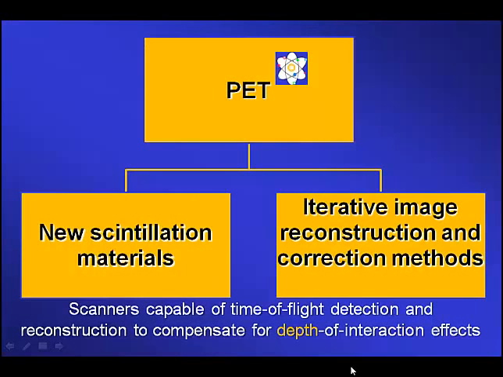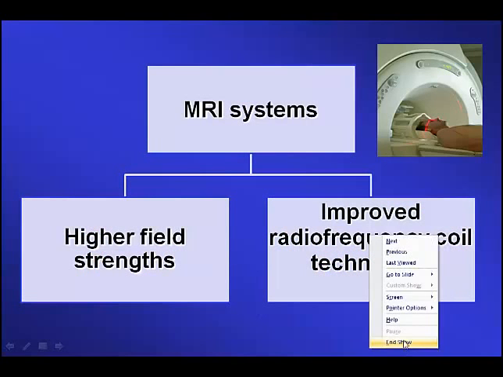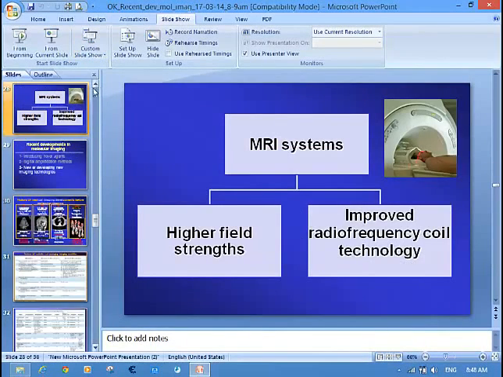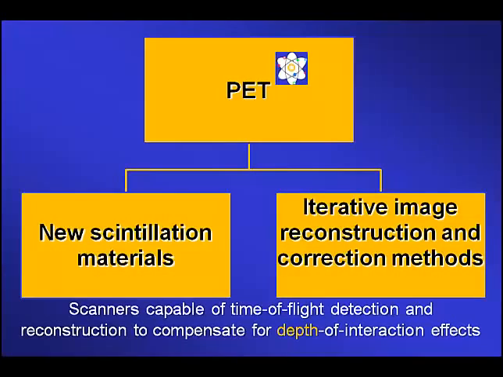For example, we have positron emission tomography, PET. We can introduce iterative image reconstruction and correction methods. This will play a role in the amplification of signal. So iterative image reconstruction and correction methods were introduced as a new signal amplification.